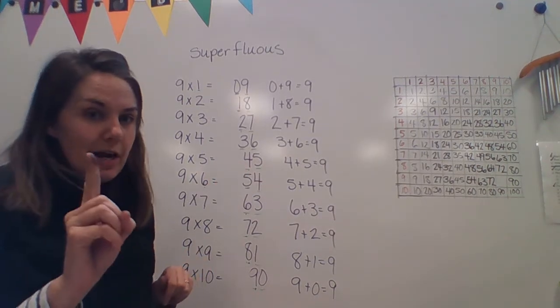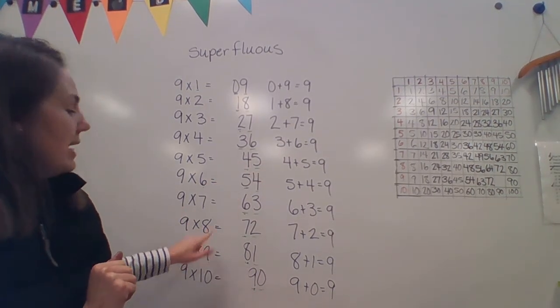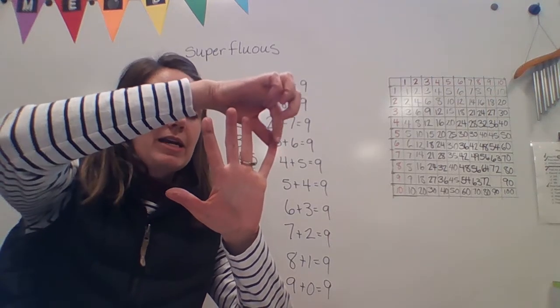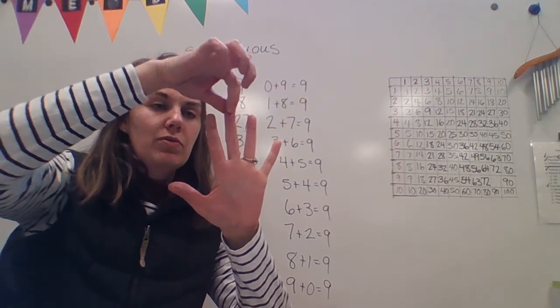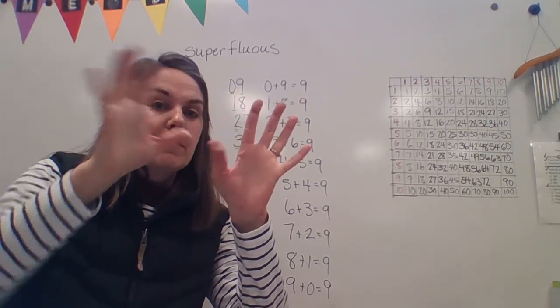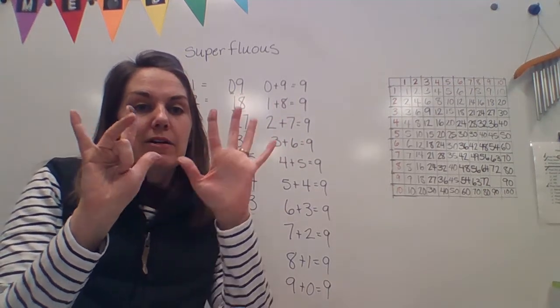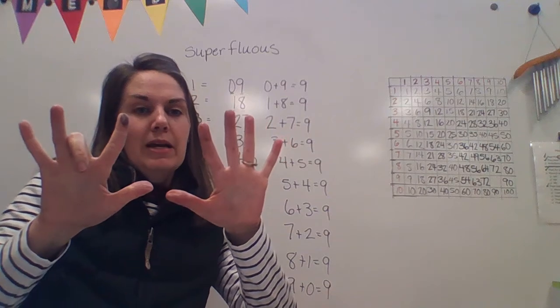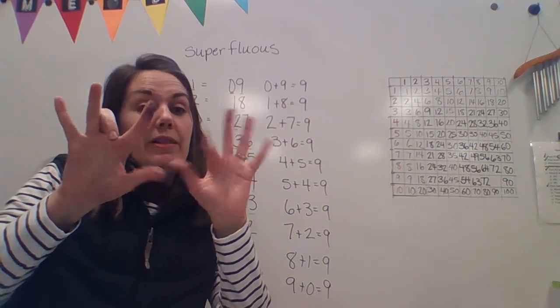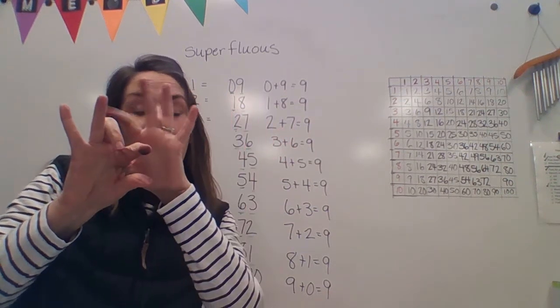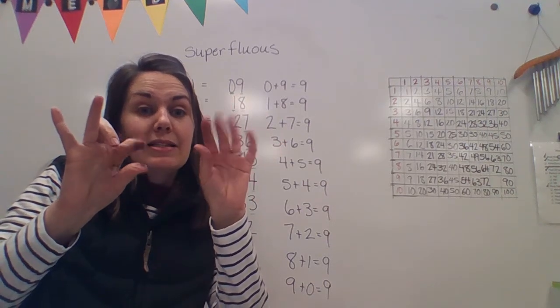Let's do it one more time. 9 times 8. I'm going to count over 8 fingers. 1, 2, 3, 4, 5. Keep going on the next hand. 6, 7, 8. I'm going to put that finger down. That's kind of hard. All of my fingers on the left-hand side of my finger that's down are going to be my tens.